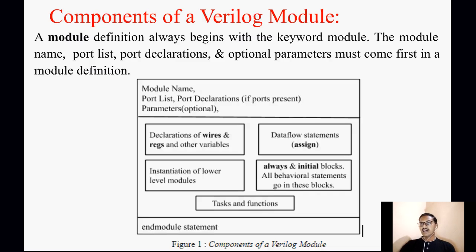And last, the tasks and functions. We have already seen some system tasks, and we can use these system tasks and functions. So these are the main five parts of the module. Then at last we have to end the module. The endmodule statement tells that the module we have defined ends there.